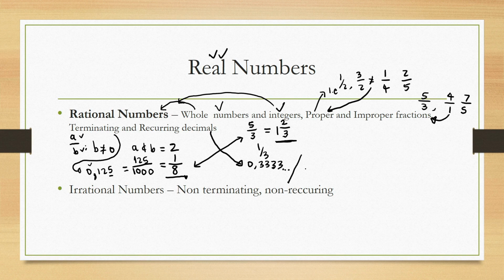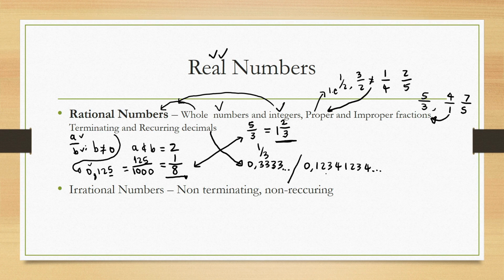So let's say, for example, you've got 0.1234, 1, 2, 3, 4, and then I put my numbers like that. So what we notice here is we've got a 0 and then a comma. As much as we don't have the same number after the comma, there's a pattern.